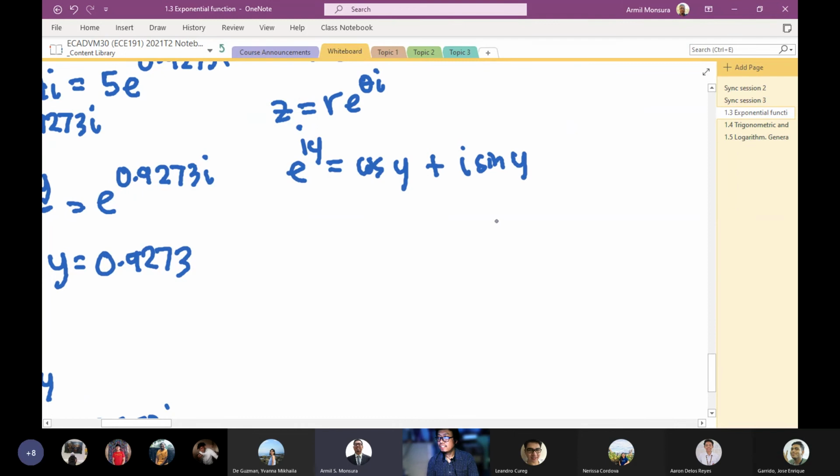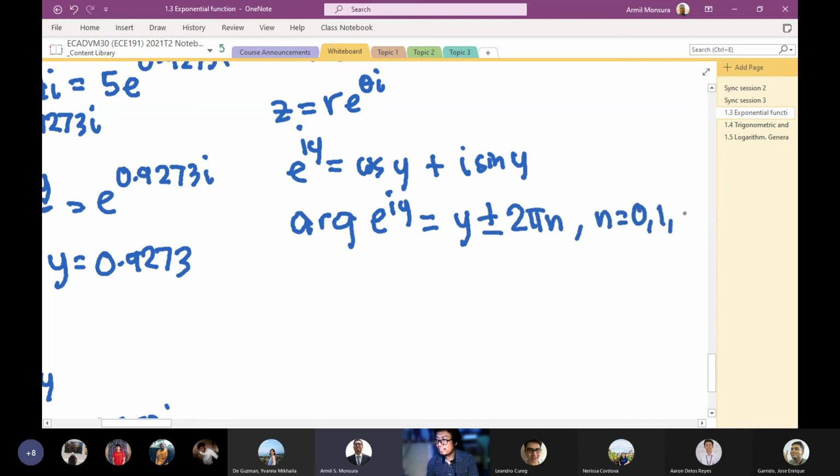And that we consider this to be a repeating function. Therefore, if we get the argument or the angle of e raised to iy, that should give you y plus or minus 2 pi n, for n equals 0, 1, and 2.